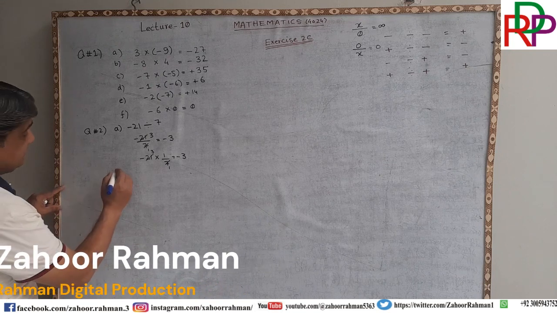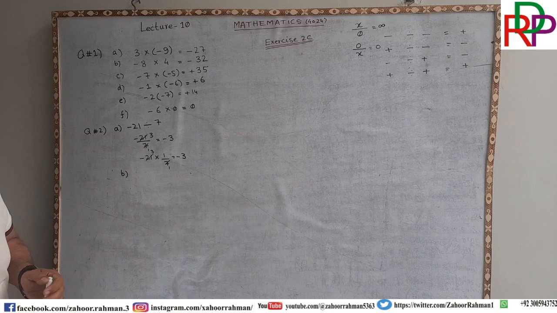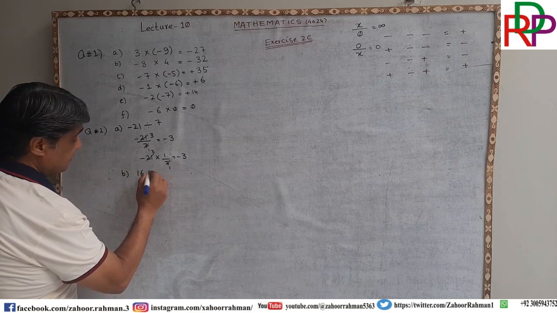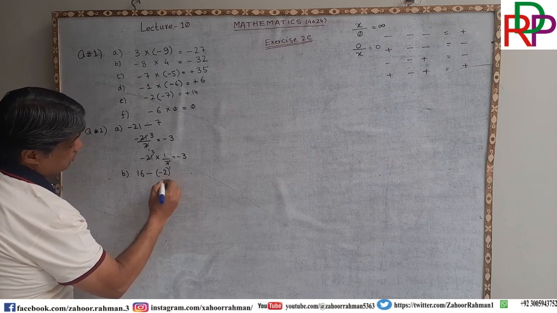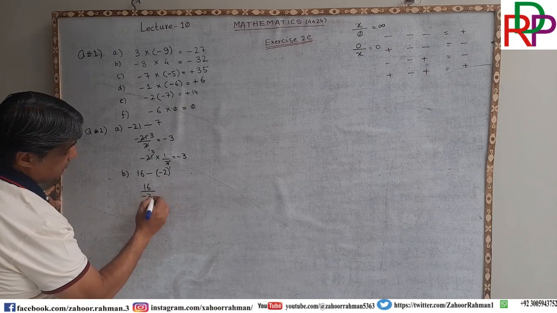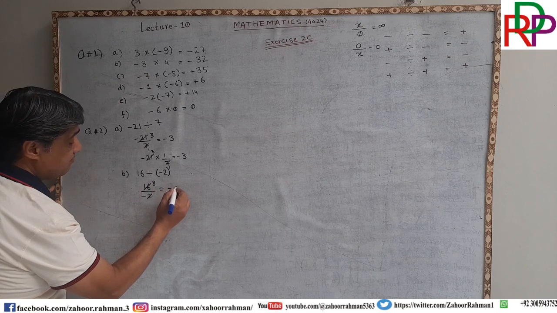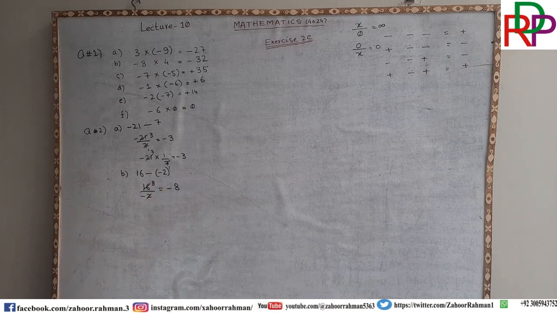B part is saying 16 divided by minus 2. We can write this statement as 16 over minus 2. 2 ones are 2, 2 eights are 16. So it is minus 8 because the minus symbol is there.